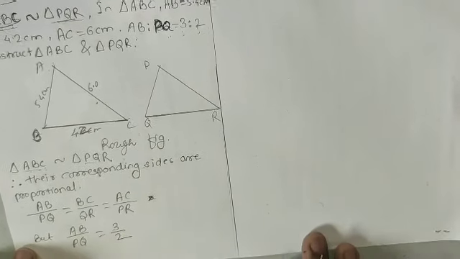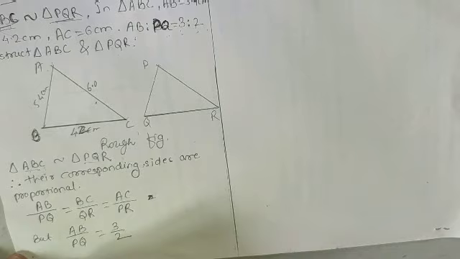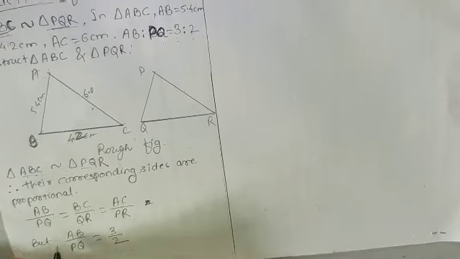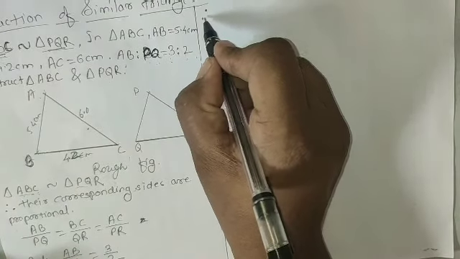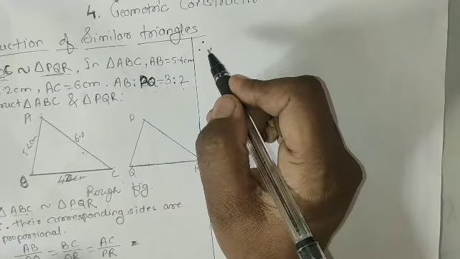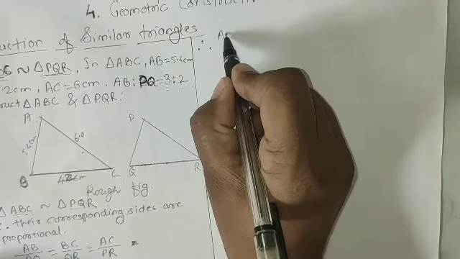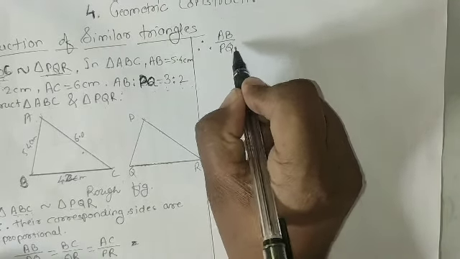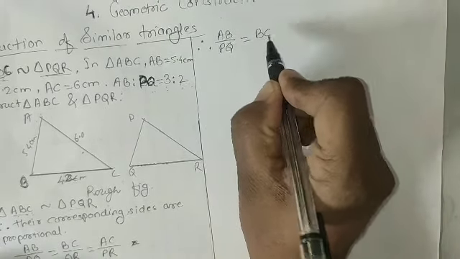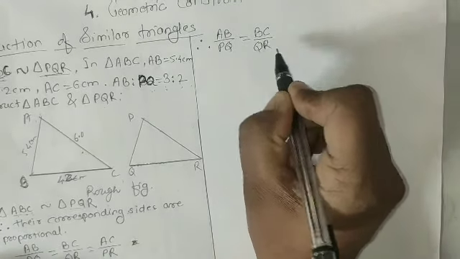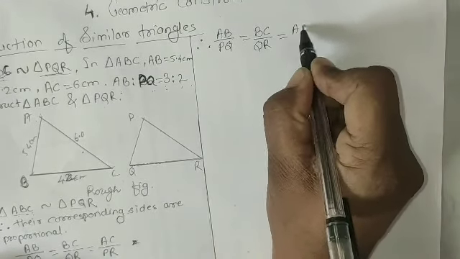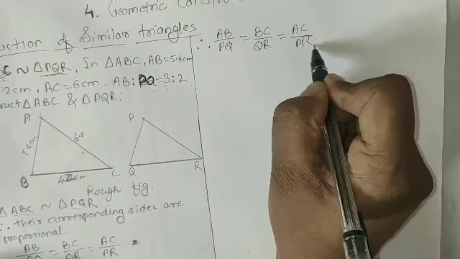Therefore, AB upon PQ is equal to BC upon QR is equal to AC upon PR.